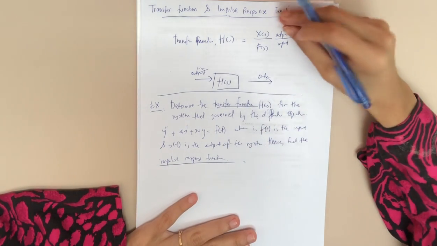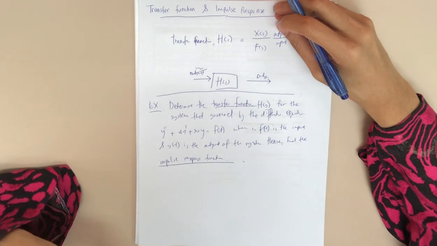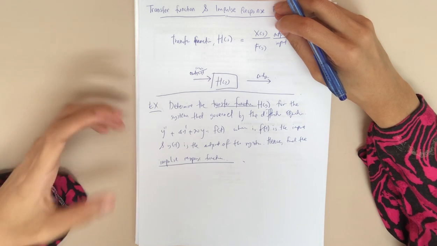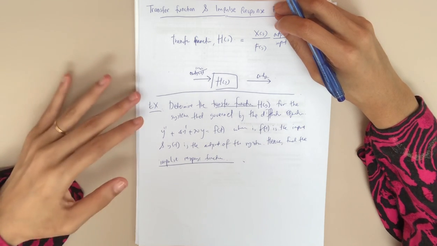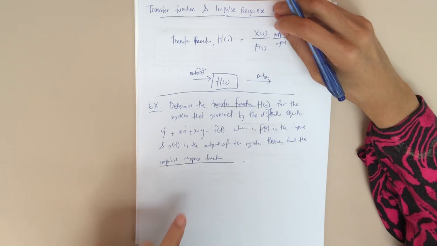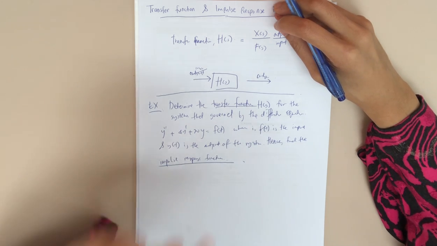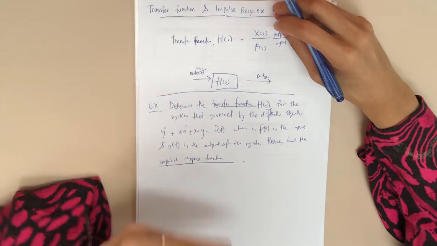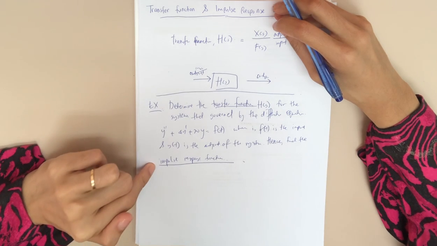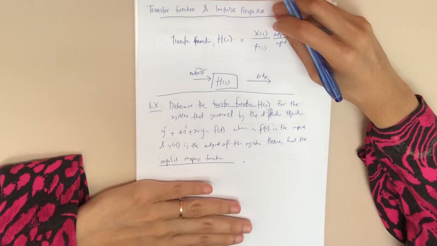Just now I explained about the transfer function, but later on I will show you what the impulse response function is, because it's related to your transfer function. You cannot do the impulse response function first. You must solve for the transfer function, then later you can solve for the impulse response, because it depends on the answer that you get for the transfer function.